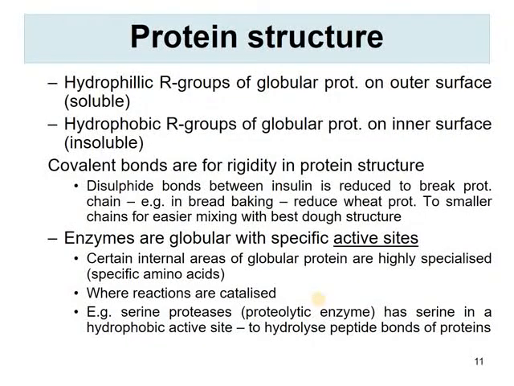They are found in food products, and most food products contain water. So when the protein is folding, the hydrophilic R groups of any globular proteins will be on the outside, forming hydrogen bonds with the water, and the hydrophobic ones will be on the inner surface, shielded away from the water.